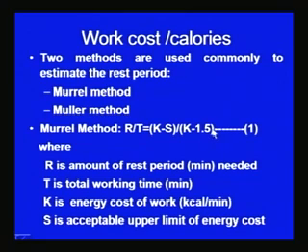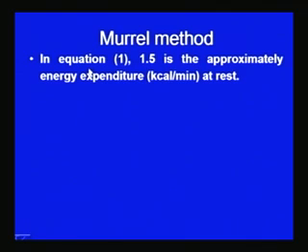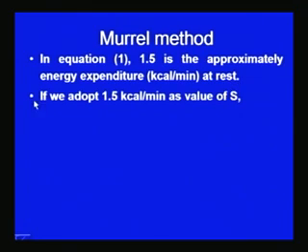In this equation, the 1.5 refers to the basal metabolism rate, which is the energy required for carrying out the internal activities of the human body. It is the approximate amount of energy consumed by the worker during the rest.